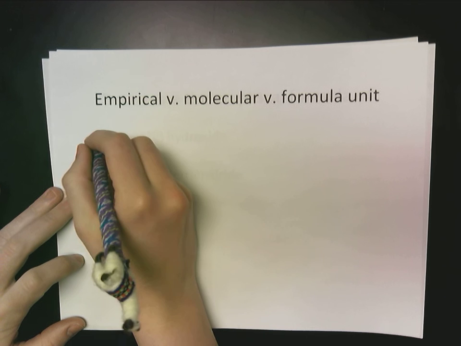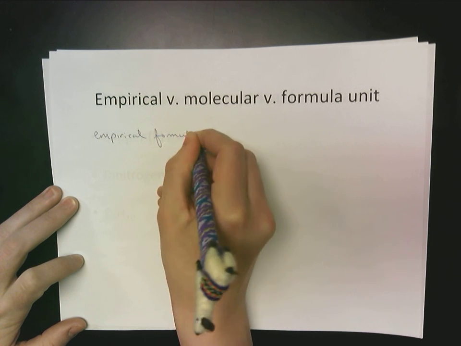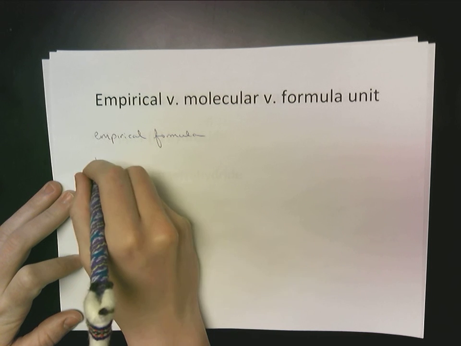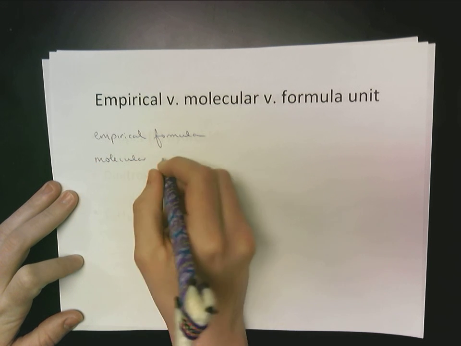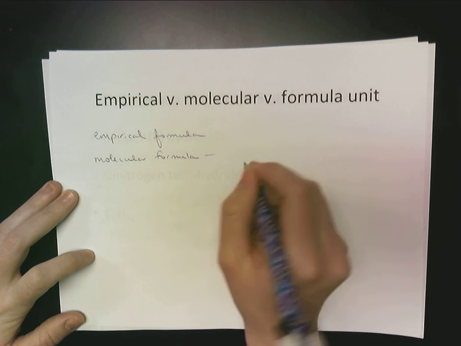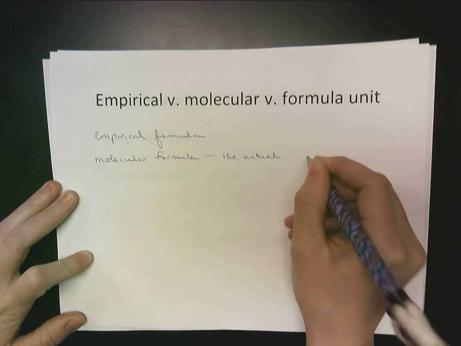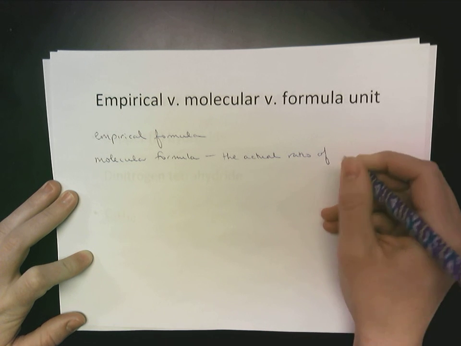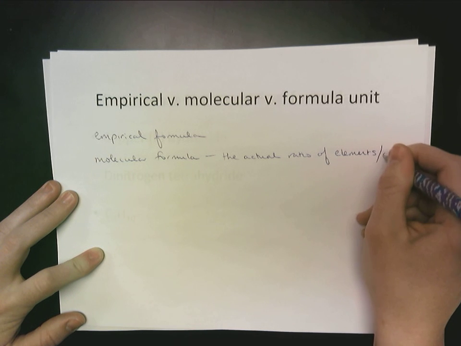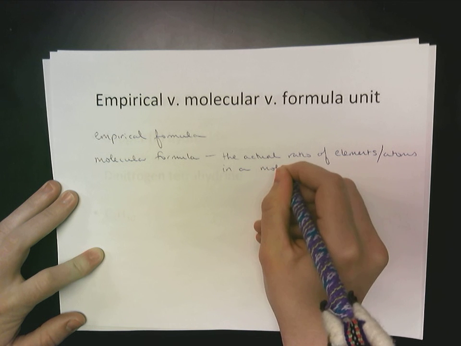Okay, so let's get some definitions out of the way. I just mentioned what an empirical formula is on the previous page, but let's also talk about what a molecular formula is. A molecular formula is going to be the actual ratio of elements or atoms in a molecule.